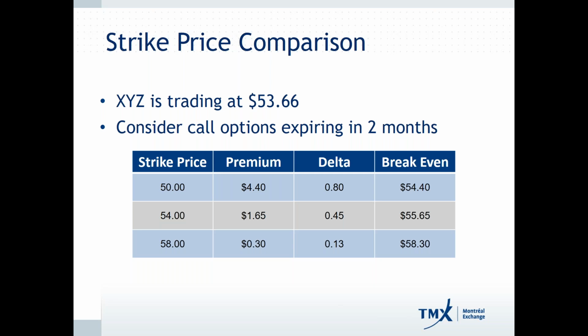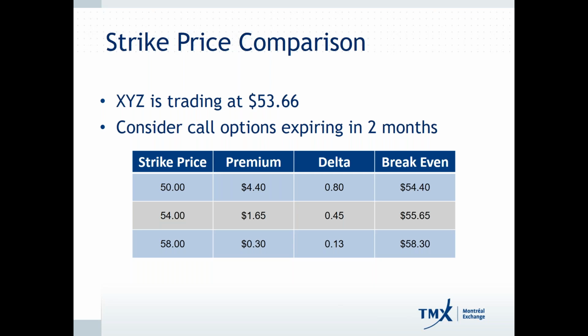Now, everyone sees the column with delta. We're still in the early stages of this beginning class on options through Scotia iTRADE, and so we haven't covered delta yet. But to give all of you a very simple explanation, the delta is the rate at which the option is behaving like the stock.